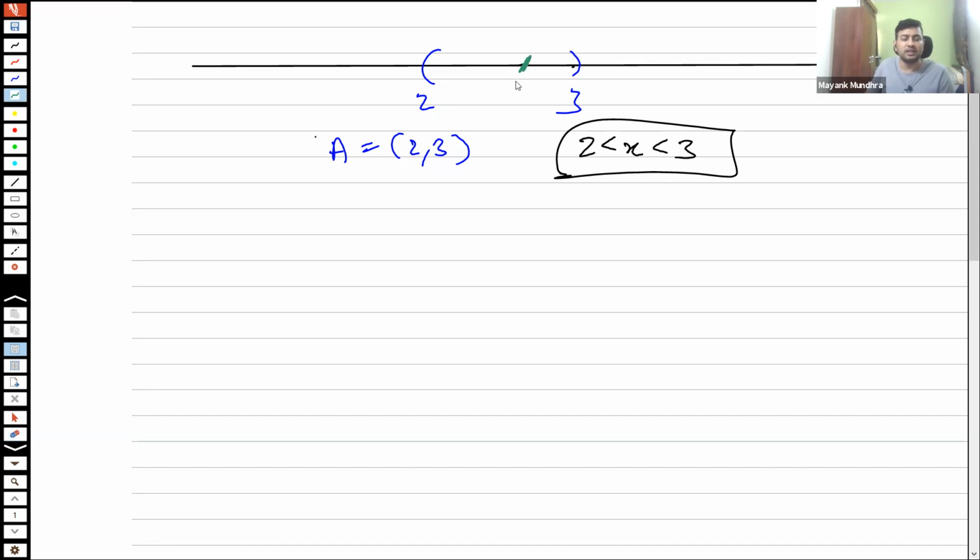For this interior point x, you can construct x minus delta to x plus delta, which will be completely inside the set 2 to 3. So there exists delta positive such that x minus delta to x plus delta is a subset of my set A. Then x is an interior point.